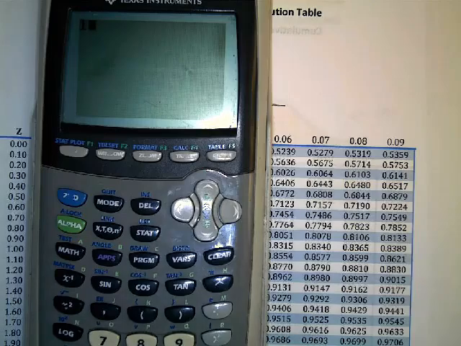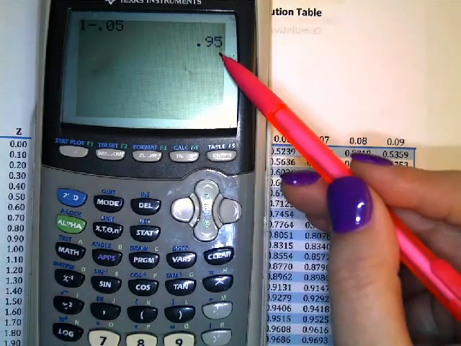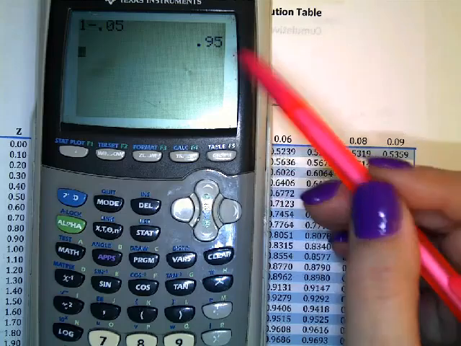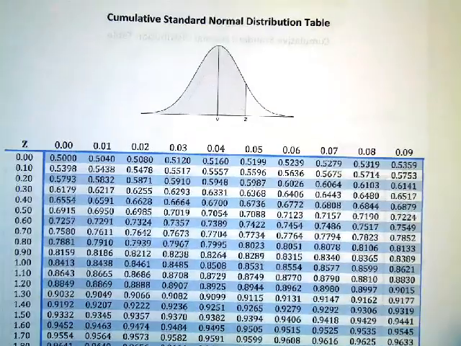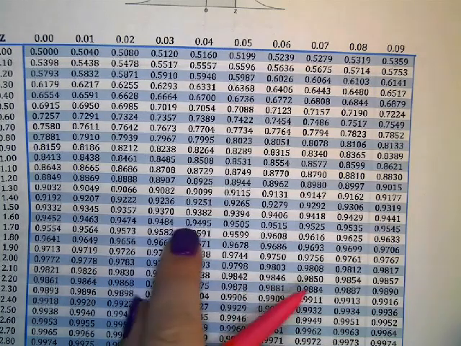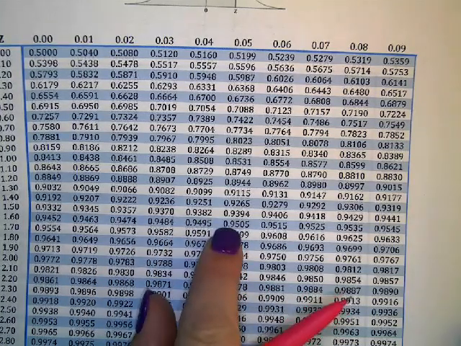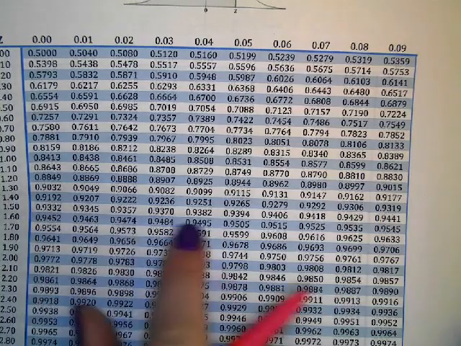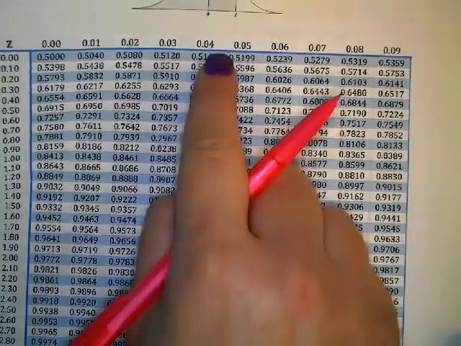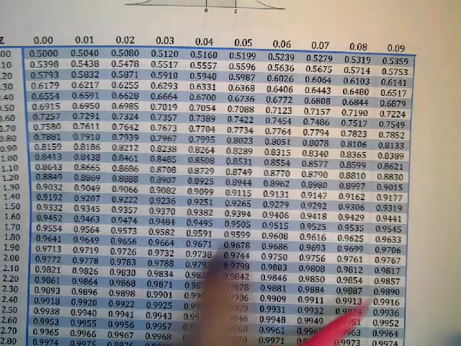I'm looking for a z-score that corresponds to a 0.95 probability. When I look for a 0.95 probability, it's right in between these two values, which is 1.6, and in between the 4 and the 5. So it's 1.645. Okay, so 1.645 is the z-score right here.